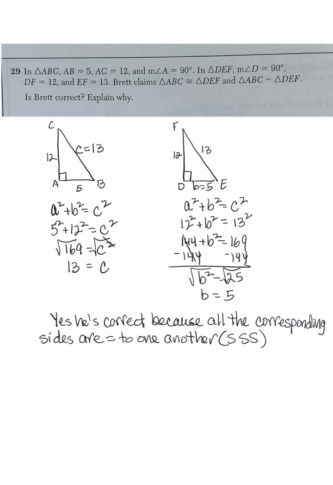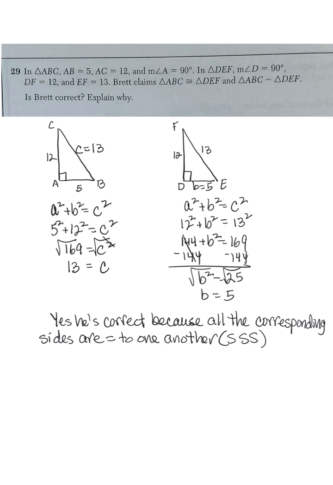All right, now let's talk about this. He's also saying that he thinks that the triangles are similar. Is he correct? Listen, similar basically means that all your angles are equal and all your sides are in proportion.